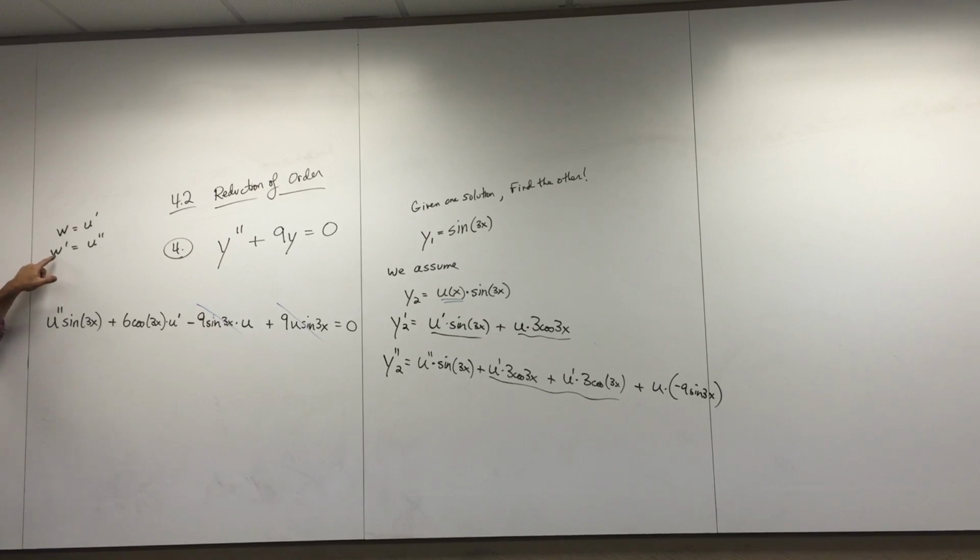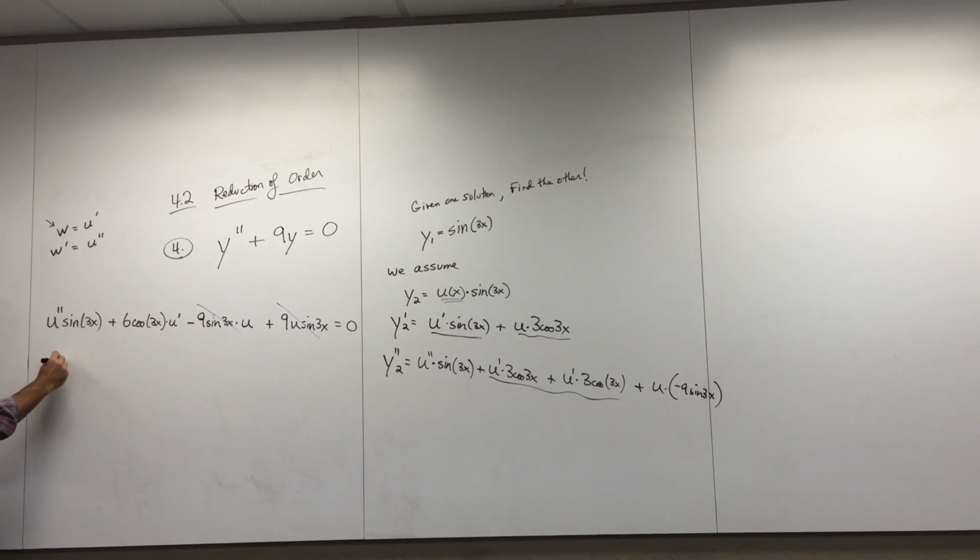That just makes sense whether you understand any math or not. Are you okay? But hang on, I came up with this idea. It's a substitution. I'm going to call w u prime, and therefore, what's u double prime? W prime.